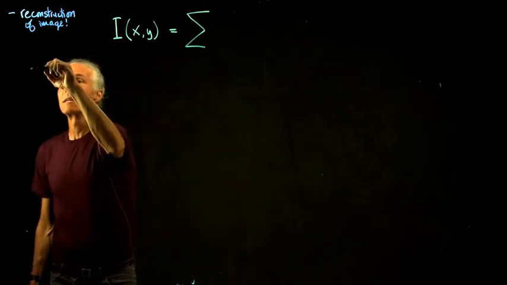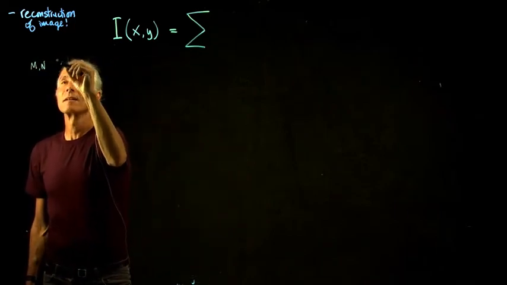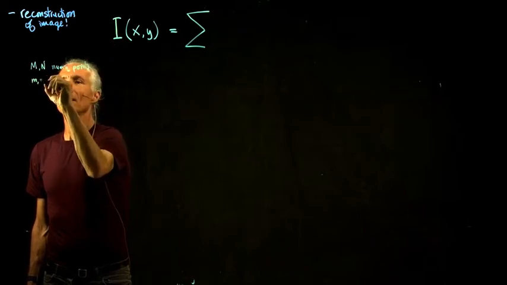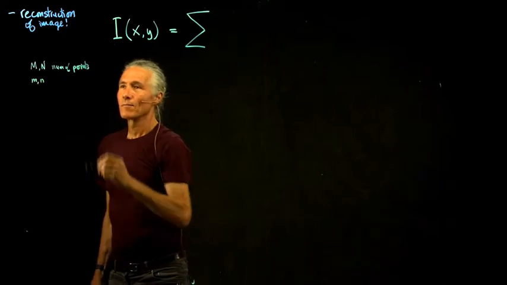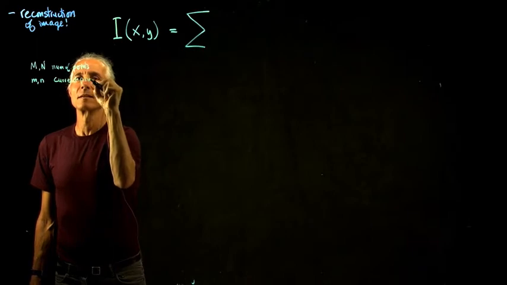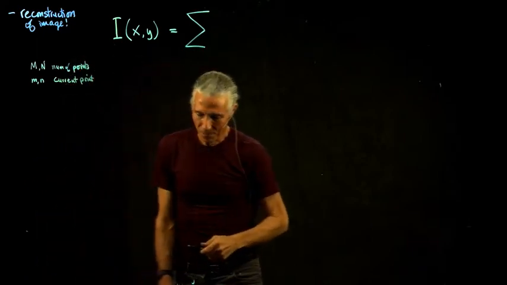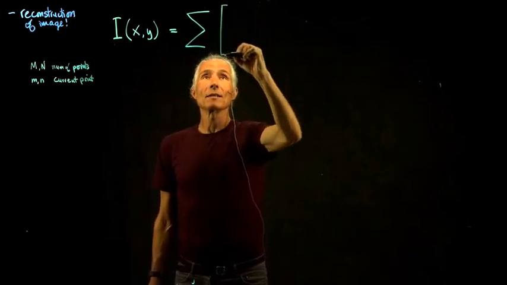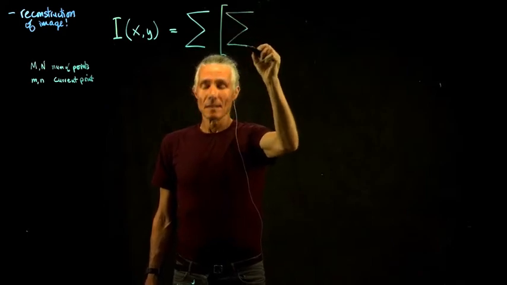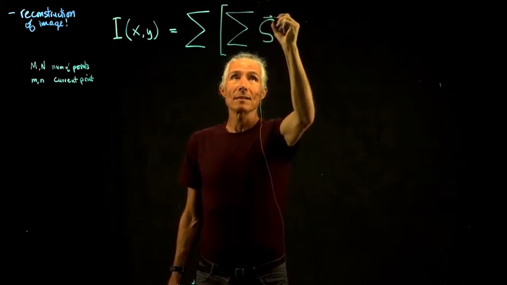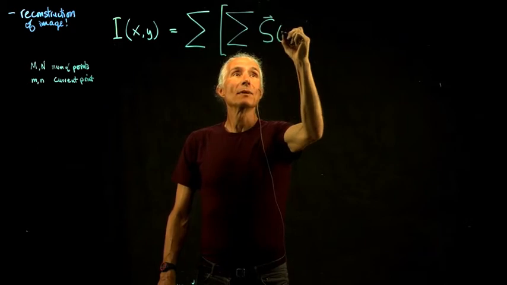And we're using capital M and N for number of points, and small m and small n for current point. So it's going to be equal to, if we write it out the way that it's actually done, the Fourier transform of our signal, a complex signal, again, at point n, m.